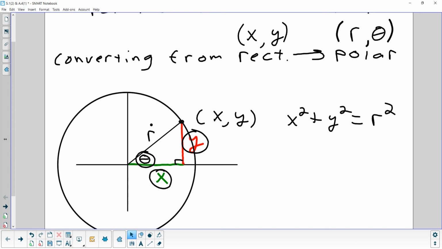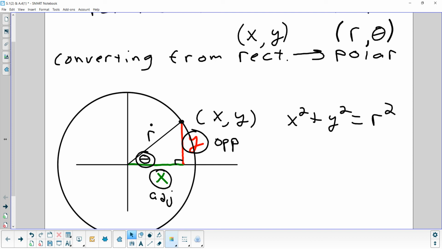What about the side that's furthest away from my angle? Opposite? Yep, that's opposite. Now, do you remember the name of the one that's closest to the angle? Adjacent, good. So in this problem, you know the opposite side, that'll be the y value of your coordinate, and you know the adjacent side, that's the x value.